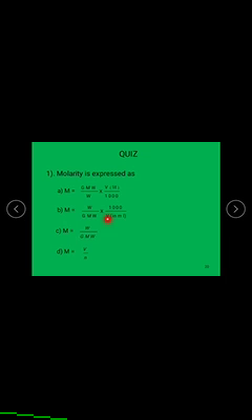When we take the volume in milliliters, we have to multiply by 1000. Then the right answer is B.